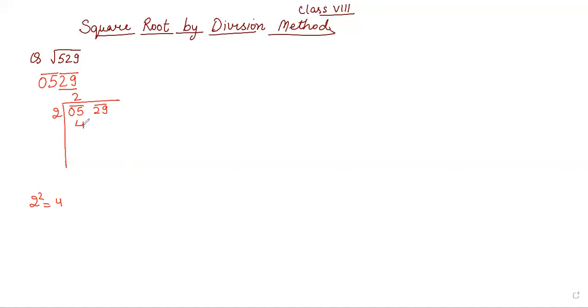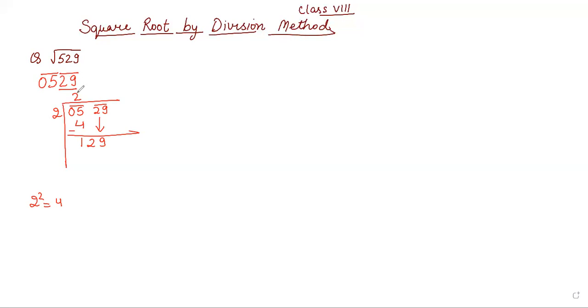Write 4 under 5. Now subtract 4 from 5, we get 1. And bring down the number under the next bar to the remainder, which is 29.